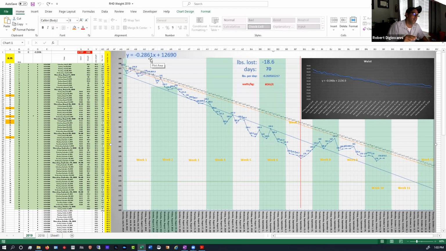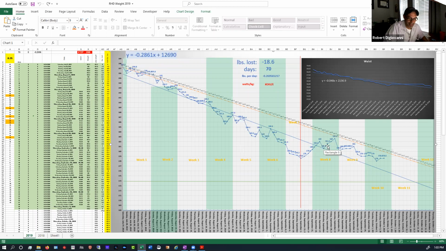So I was losing over a quarter pound a day, almost a third of a pound. In 3 days, I'd lose 1 pound. I did that for basically 6-7 weeks, and I was able to drop from 197 down to 178.